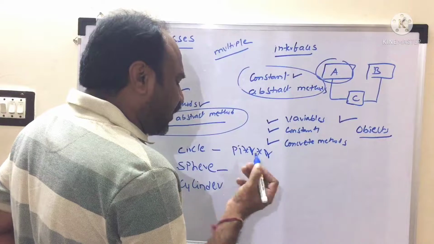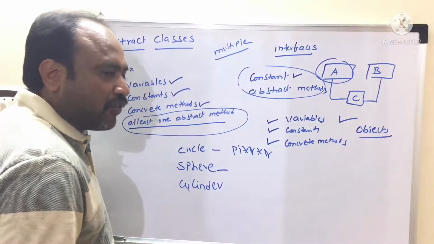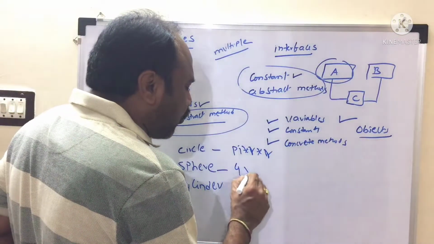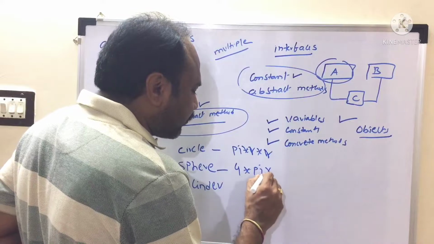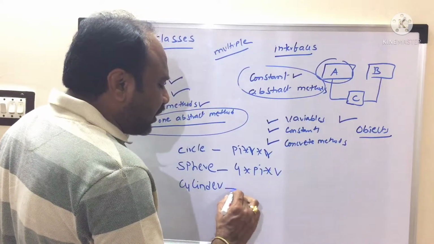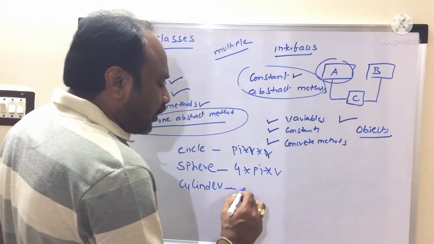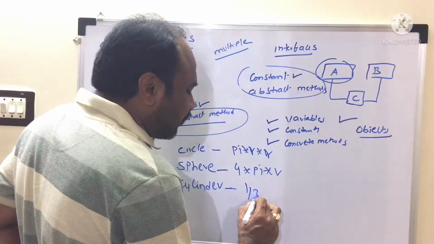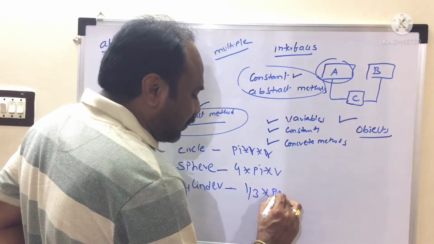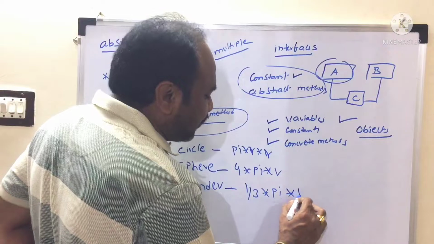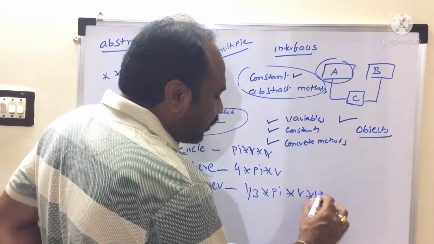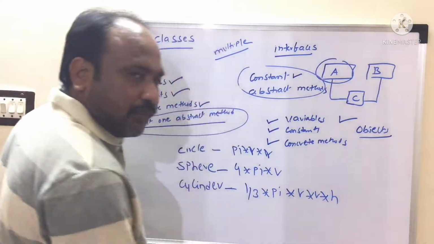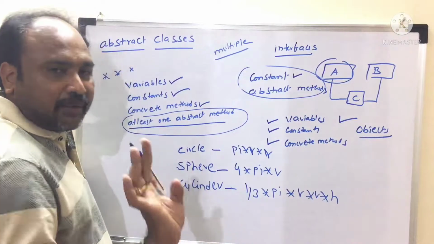The area of a sphere has a different formula, for example I am assuming 4 pi r. The area of a cylinder is some 1/3 pi r square h. I am assuming like that. It may not be the same, so please refer to the formulas also, no issue. It may be wrong also, but I am explaining for better understanding.